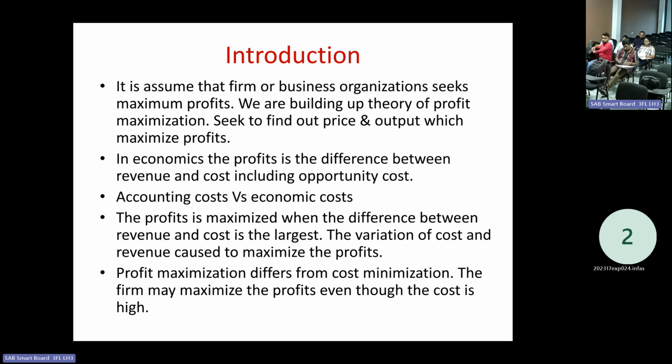So that means the variation of the cost and the revenue mainly goes to the profits. There can be variations in the cost. Sometimes cost increases, sometimes cost decreases, because we are talking about sometimes the short run, maybe the long run.